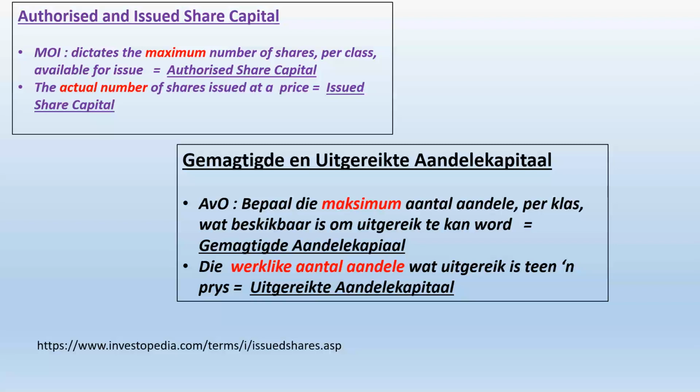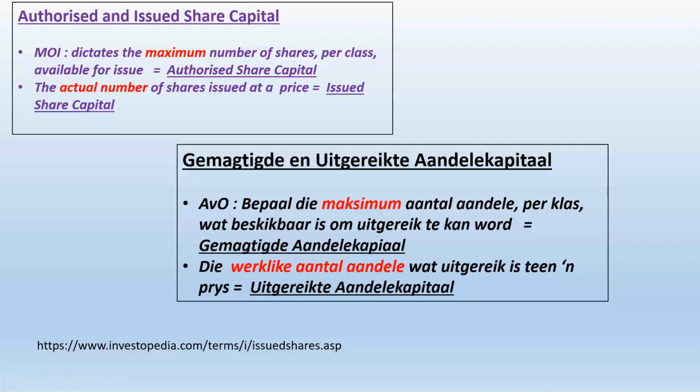So for each class, ordinary shares, 10% cumulative preference shares, 12% redeemable preference shares, each one of them is a class on its own, and for each one of them, there is a maximum number of shares specified in the MOI, how many shares they are allowed to issue.